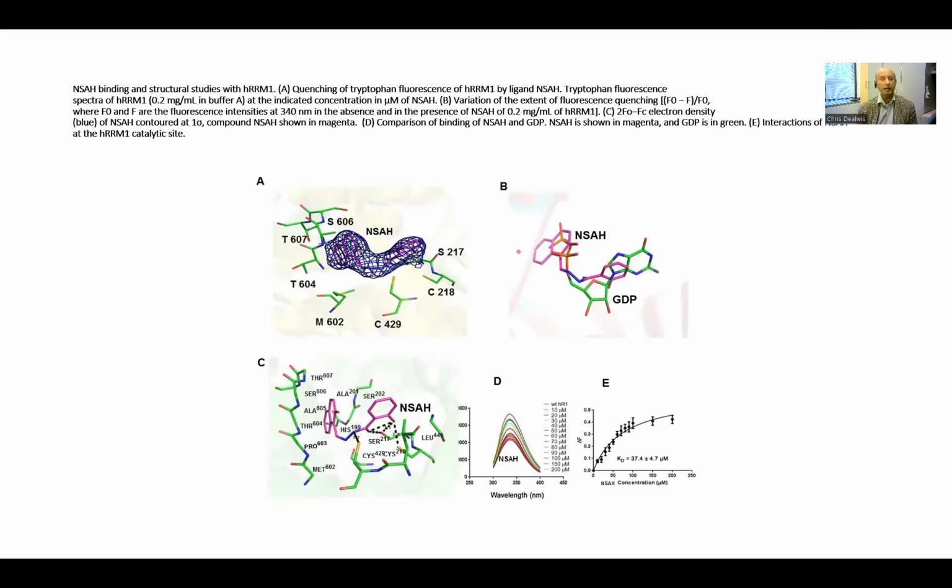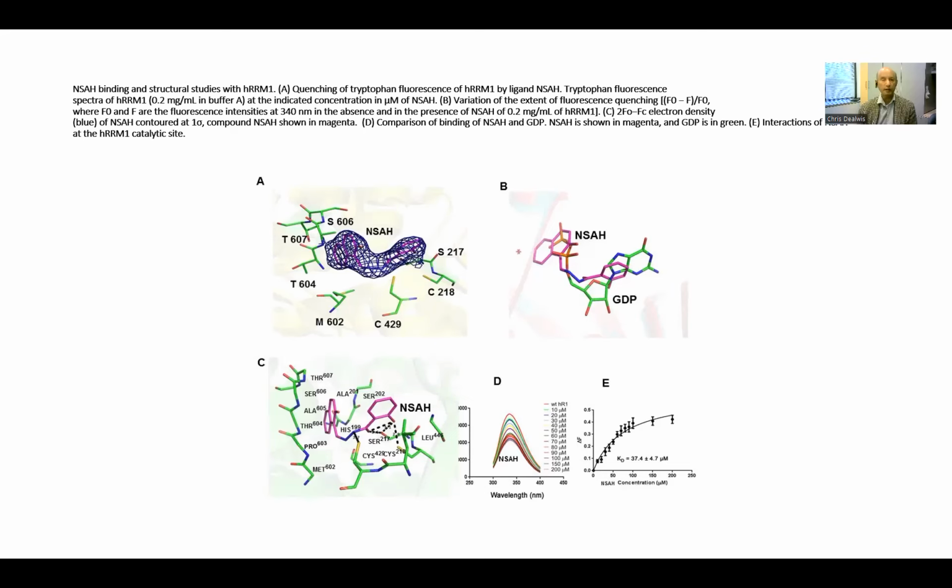And this is showing a hit compound called NSAH. This is an N-salicylic acid hydrazone molecule. And what we show here is the fluorescence quenching. As we add the compound, you see quenching, and it is showing binding to the enzyme.